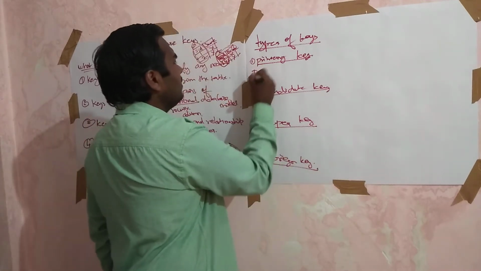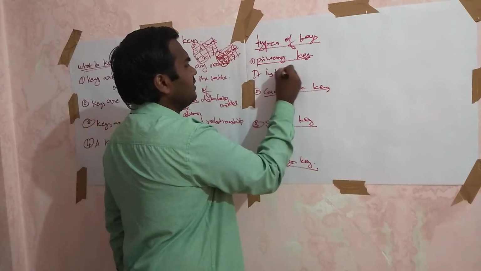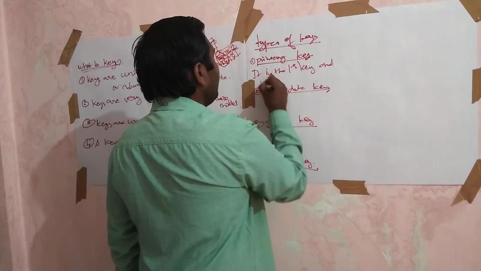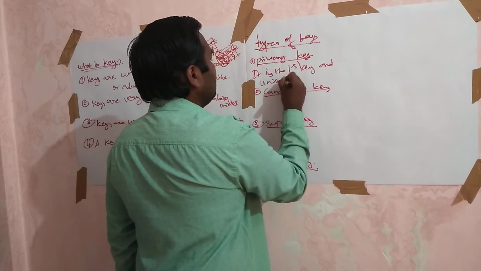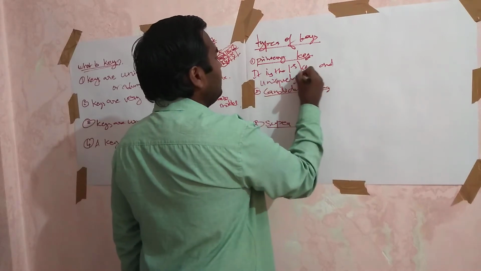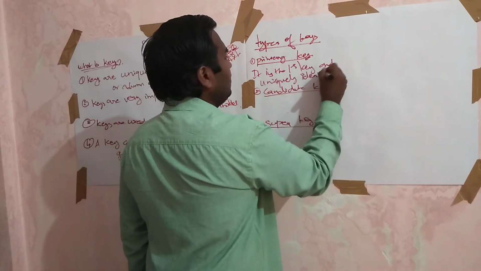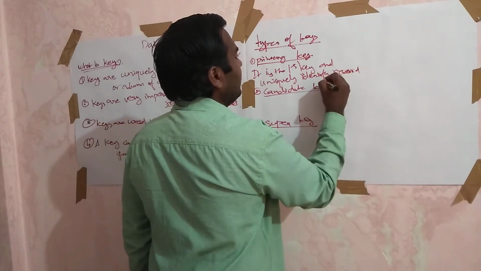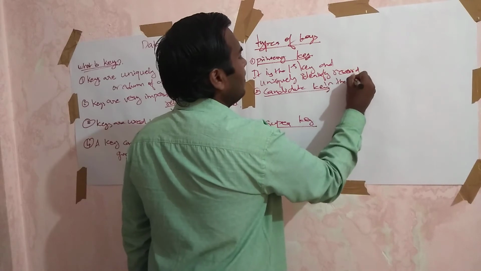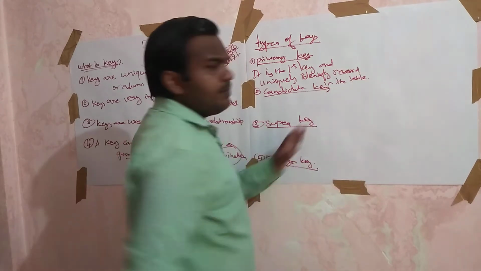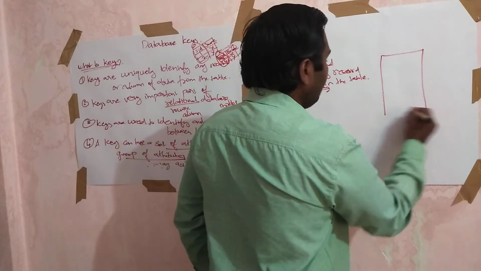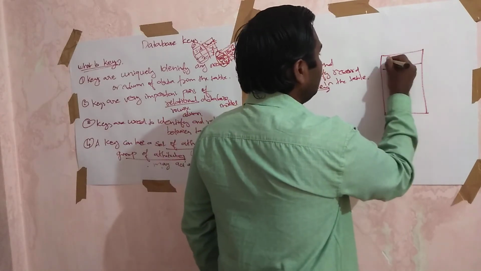It is the first key and uniquely identifies a record in the table. Let me take a small example. This is an employee table.